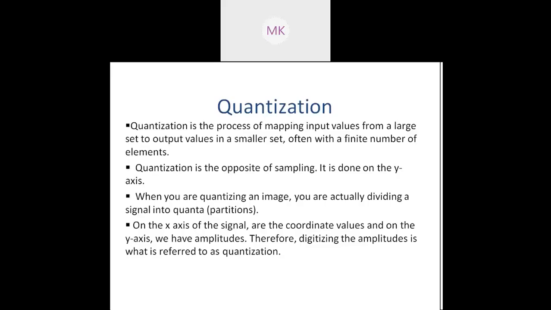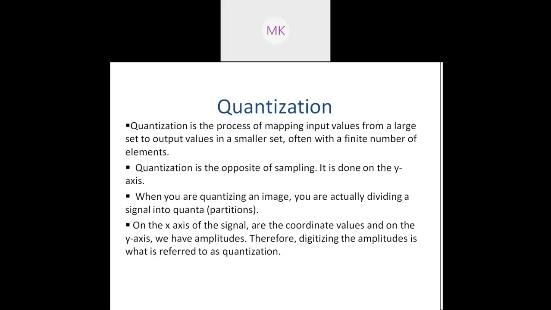These quantas and partitions are the main components of quantization. The y-axis should be discretized and x remains as it is. Quantization is the process of mapping input values from a large set to output values in a smaller set. So quantization is opposite of sampling. It is done on the y-axis.